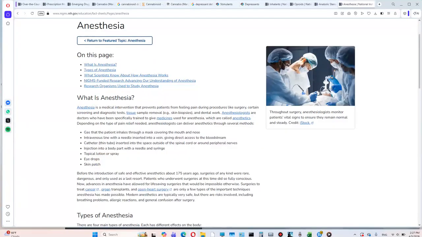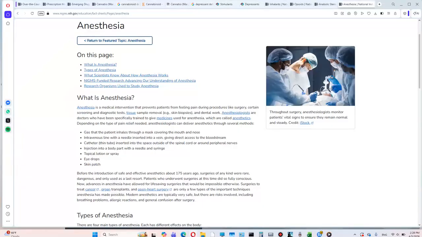Gas that the patient inhales through a mask covering the mouth and nose, intravenous line with a needle inserted into a vein, giving direct access to the bloodstream, catheter, a thin tube, inserted into the space outside of the spinal cord or around the peripheral nerves, injection into a body part with a needle and syringe, topical lotion or spray, eye drops, skin patch.